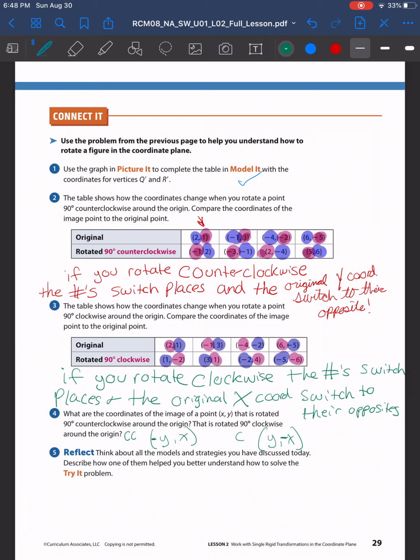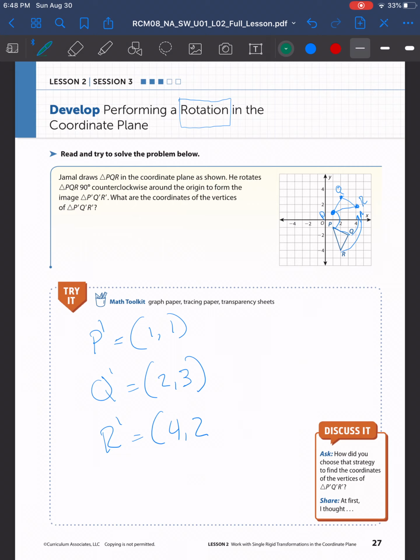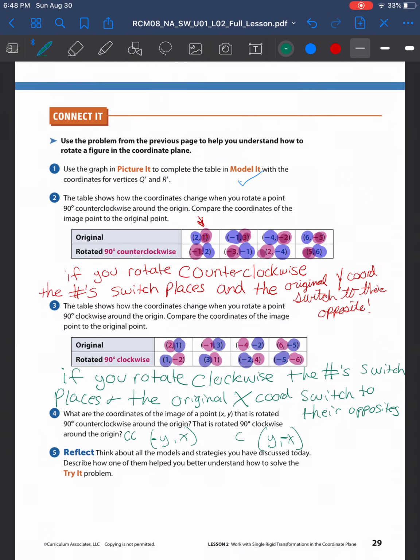Oh, how fun! Okay, think about the models and strategies we've discussed today. Describe one of the ways that helped you better understand how to solve the problem. So, okay, yeah, you could take some tracing paper and trace around the shape and then rotate your paper, or you could rotate your book. Okay, those are like the easy ways of going about it, but listen, the mathematical way is these cool new tricks we just learned, okay?